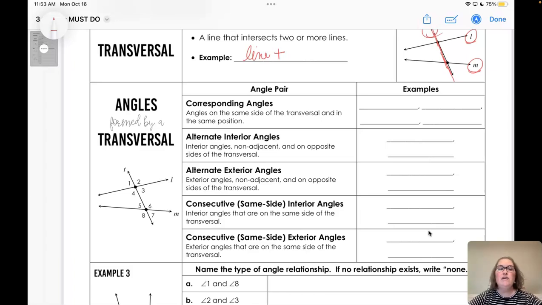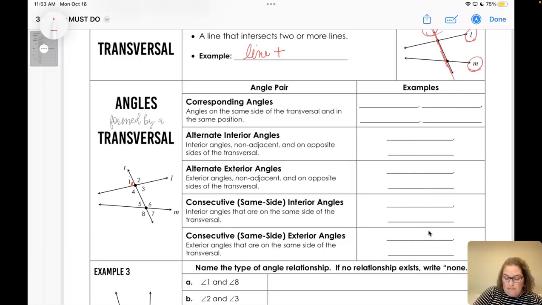So corresponding angles, angles on the same side of the transversal and in the same position. For example, here's angle 1 and angle 5. They are on the same side of the transversal. They're both above those lines. So that would be angle 1 and angle 5.